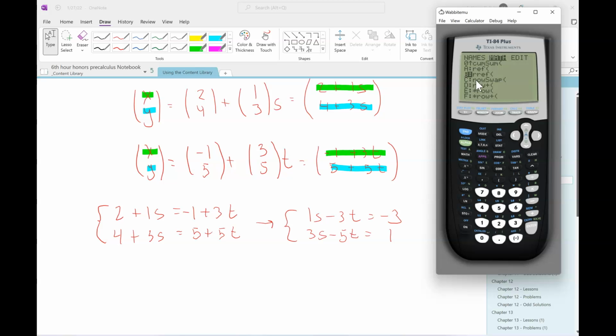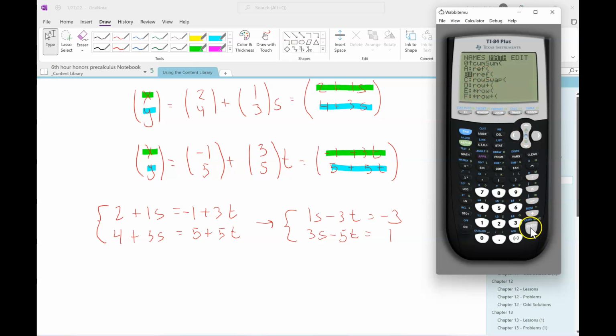The calculator is programmed in a process called Gauss-Jordan elimination that's going to take any matrix that's in this form and rewrite it in a way that the solutions to our system just kind of fall out of it. It's basically doing the same thing as our elimination did by hand, but it's a programmed algorithm.